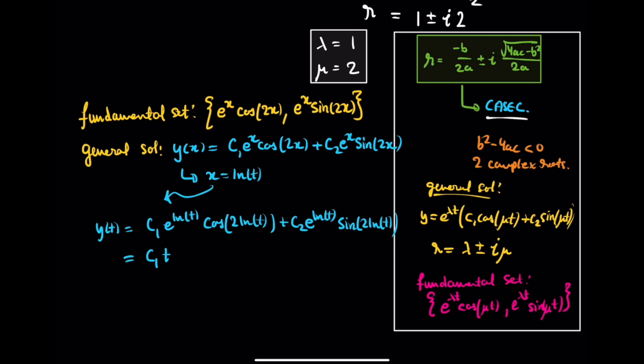And then cosine of ln t squared, because I just brought this 2 in. c2 again, t sine of, I'm going to bring this 2 again into the argument. So there you go. This is your y of t, expressed as that.